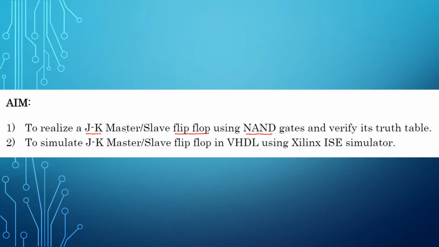Coming to the JK master slave flip-flop, the flip-flop we are going to study in today's class is basically a combination of two flip-flops. One is called the master and the second is called the slave. Both of them work hand in hand.